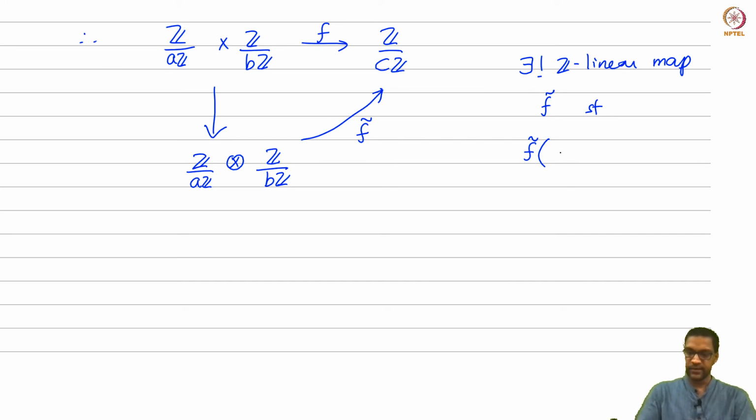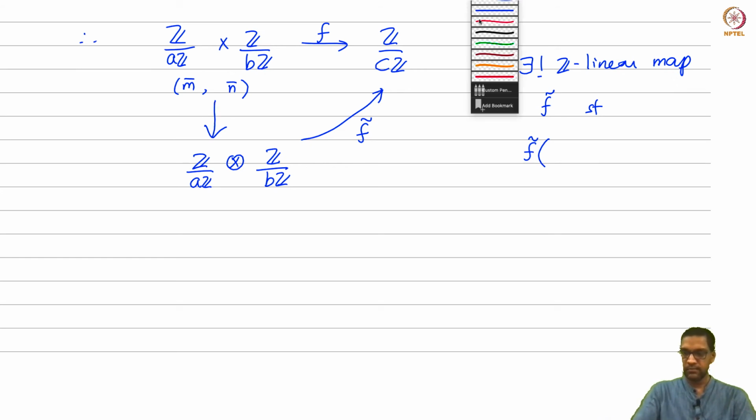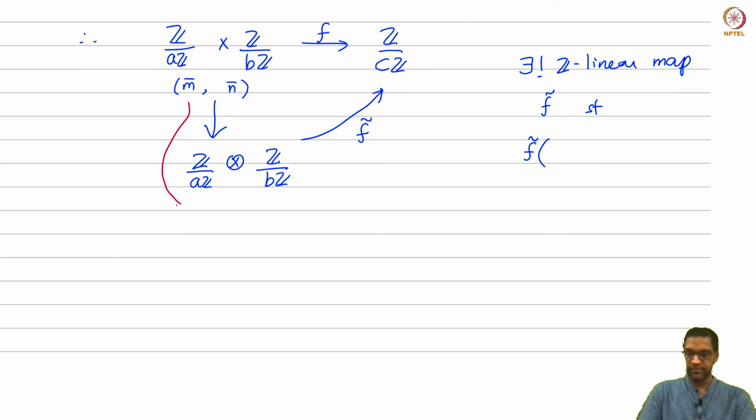Well, if I take a typical element here, so let me just call m plus az as m bar and n plus bz as n bar, then that element maps to m bar tensor n bar.